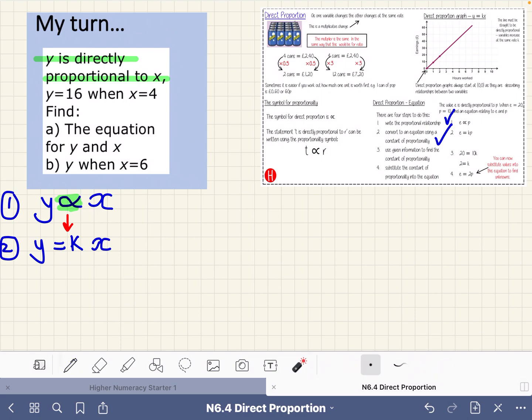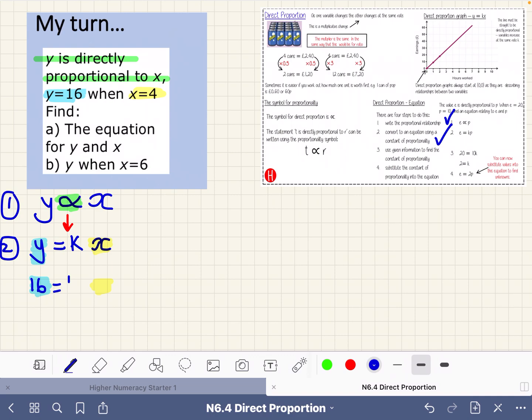Step 3, use the given information to find the constant of proportionality. So in this question it says y is equal to 16 when x is equal to 4. So we are using y is 16 when x is 4 and everything else remains as it is.